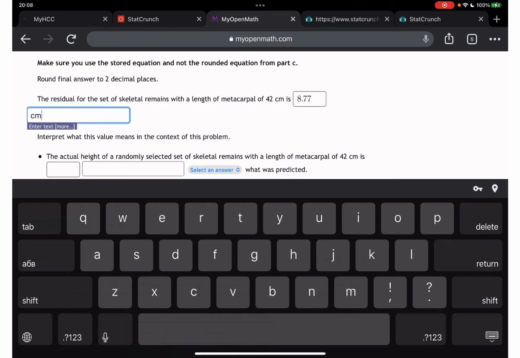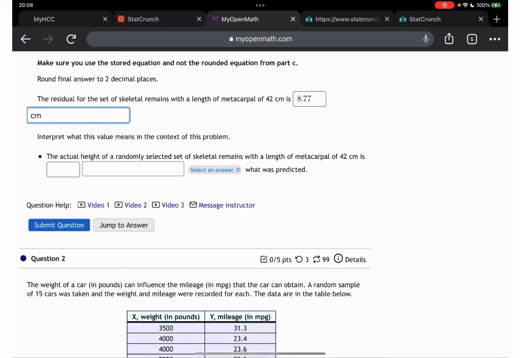Okay, moving to next one. Interpret what this value means in the context of this problem.